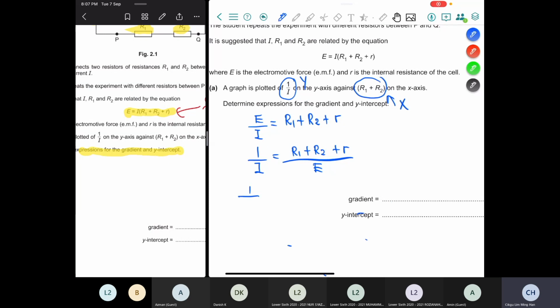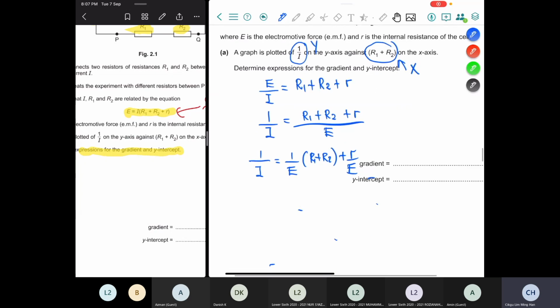I can say that this will be 1 over E bracket R1 plus R2, and then plus r over E. So it's the same thing. This one will be my gradient. This one will be my y-intercept.